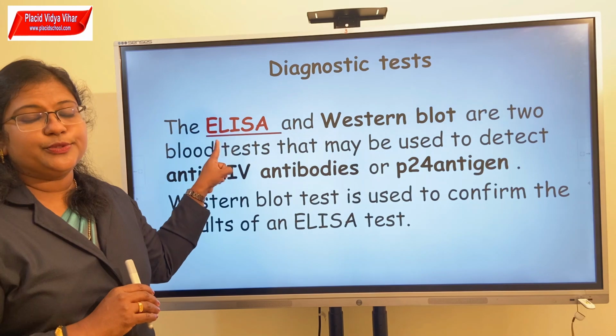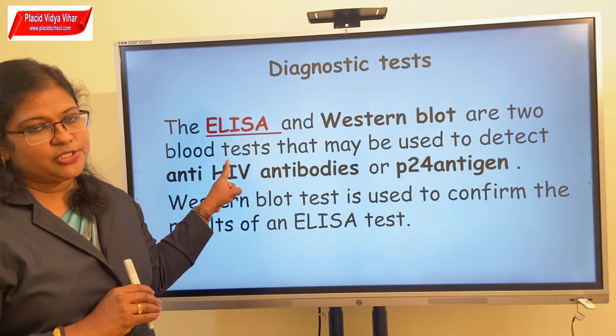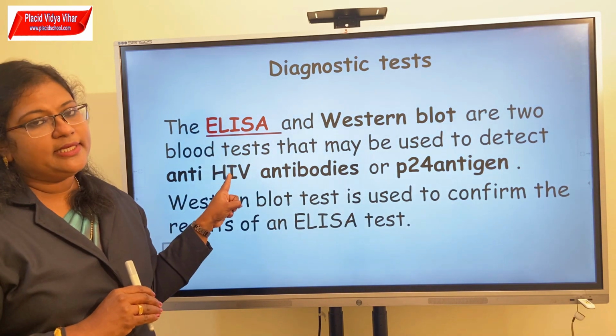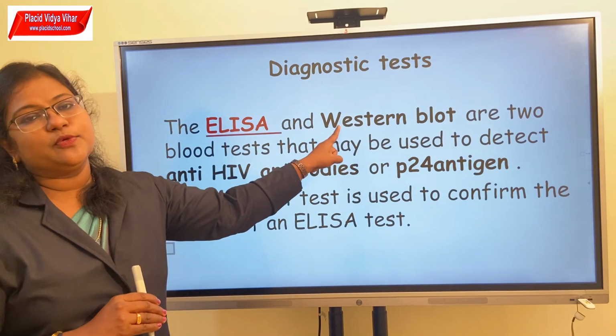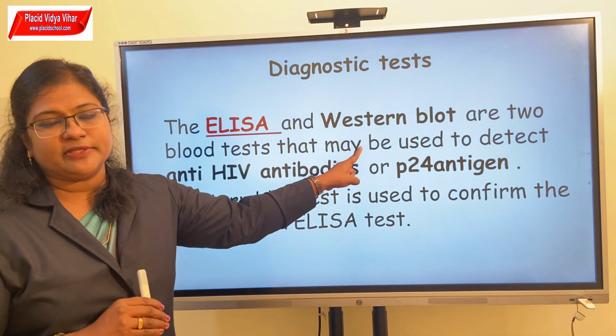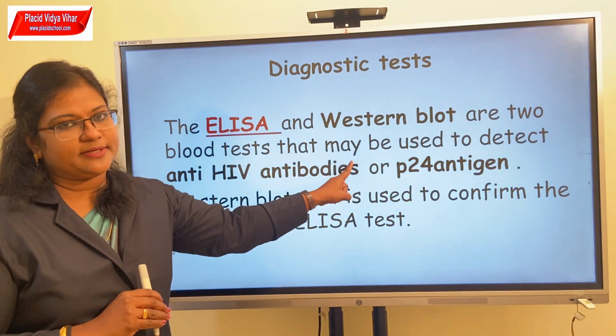It is a test to detect the antibodies against the HIV antigens in the blood of the patient suspected to be infected with AIDS. It is confirmed by using another test which is known as Western blot. You just have to remember the name of the test. So, ELISA is the main test, Western blot is a confirmatory test.